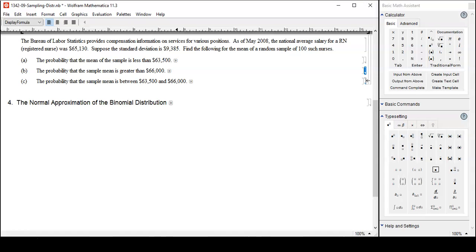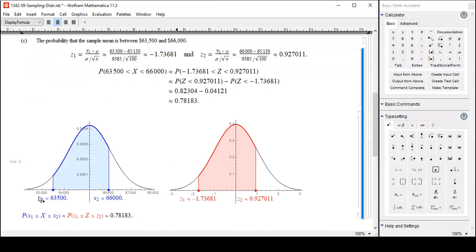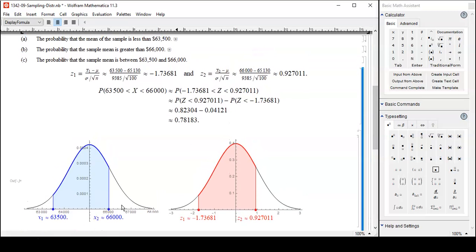How about the third problem? The probability the sample mean is between 63,500 and 66,000, like this. Well, that's easy. In part B, we did the z-score for 66,000 and calculated the area to the left-hand side.